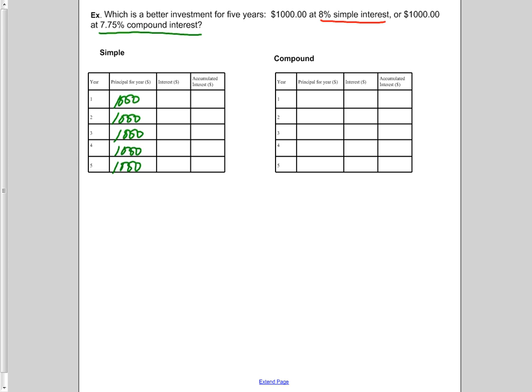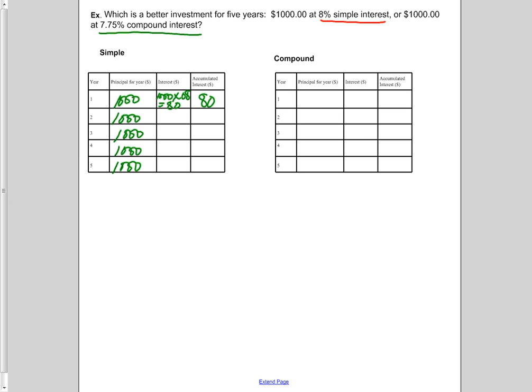The interest, so we have 8% simple interest, 1,000 times 0.08 is $80. So the accumulated interest so far is $80.